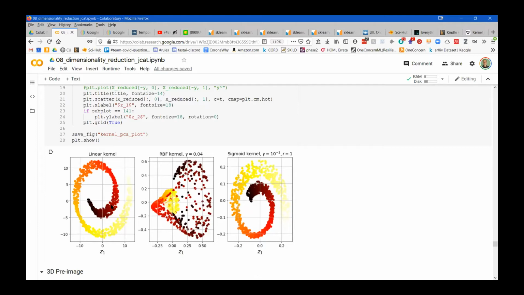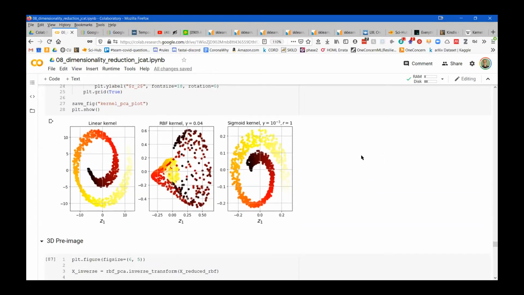The linear kernel is somehow a counterclockwise unrolling, and the sigmoid kernel is a clockwise unrolling. Don't ask me why that is. But the main thing is that you can project this complicated data set down onto a 2-dimensional mapping, and that it simplifies things. So that's the idea.